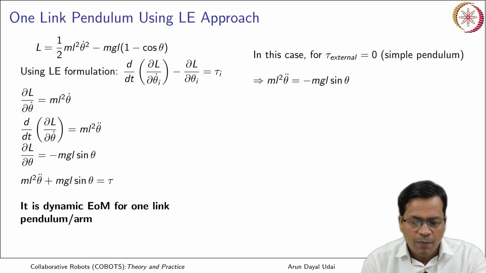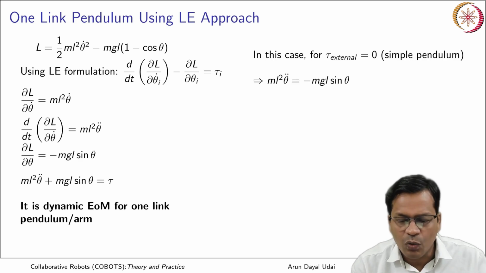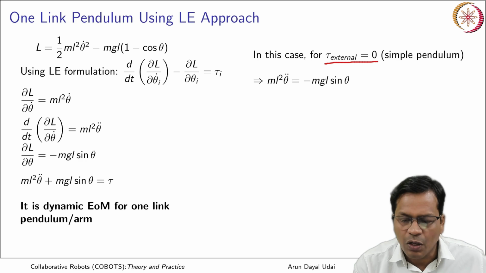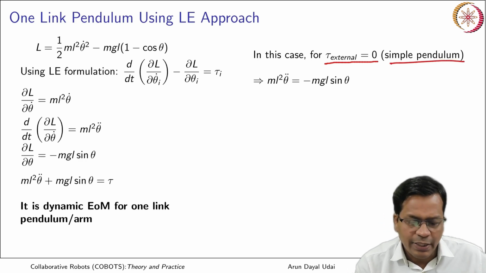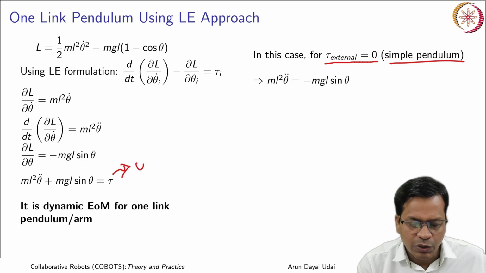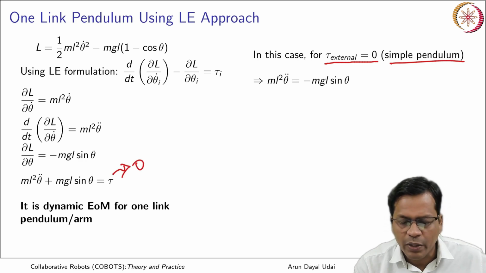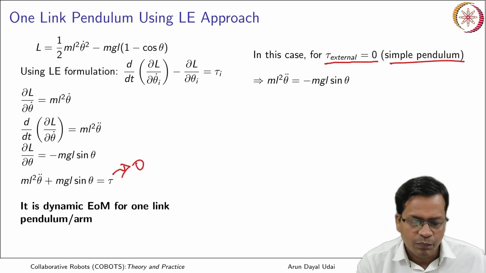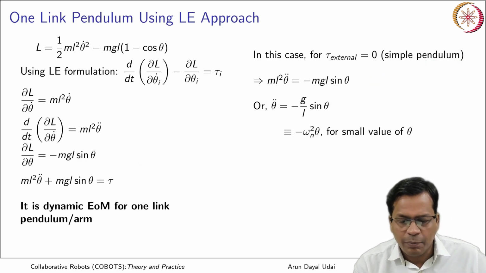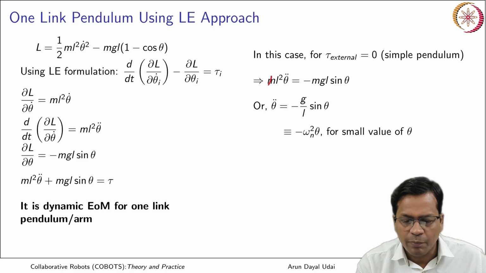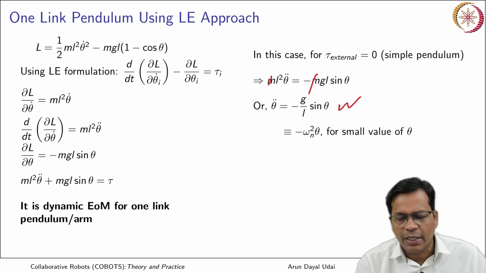Again, in case there is no external torque, it should behave like a simple pendulum. Let us see. If tau is equal to 0, then m L square theta double dot is equal to minus of m g L sin theta. Got it? Again, theta double dot is equal to, m will go off, minus of g by L sin theta.